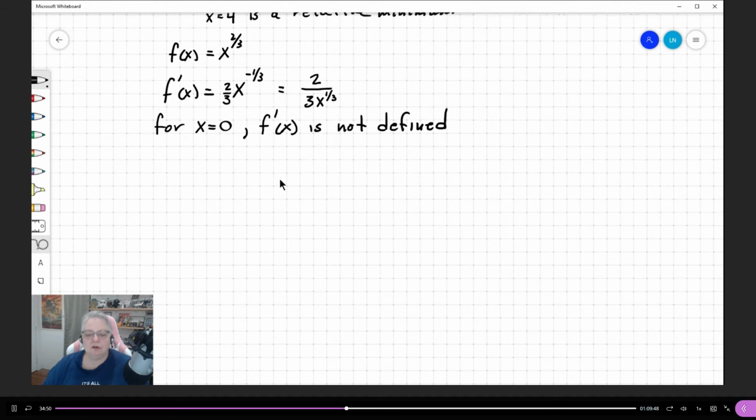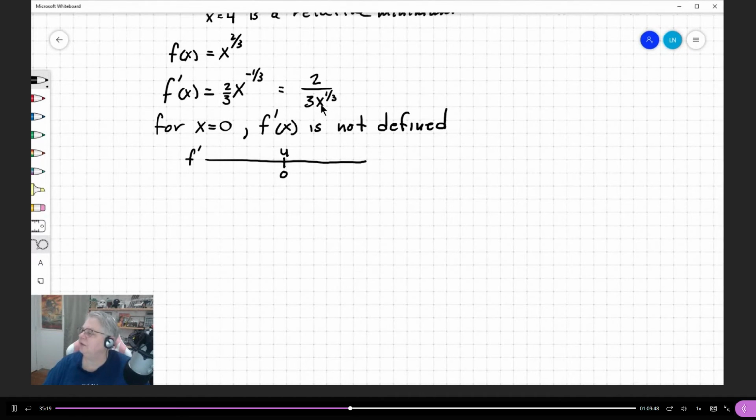It has a discontinuity there. Not the function, but the derivative. But x equals 0 is still a critical value. So when I want to find where this function is increasing and decreasing, I am still going to use that to figure it out.